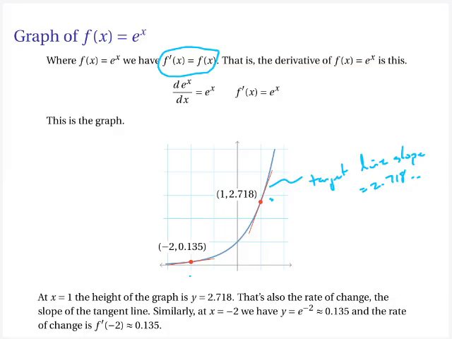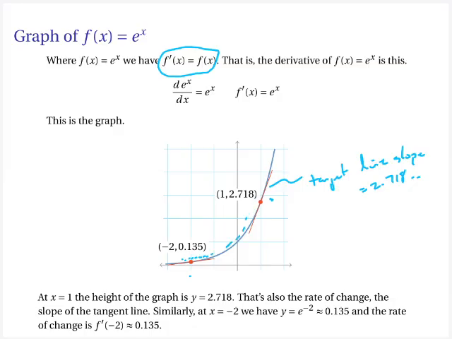So exponential functions, and e to the x is no exception, have this characteristic upward sweep where they seem to just take off suddenly. I remember driving home from work in March 2020, and they were talking on the radio about COVID, and that's what everybody was afraid of, that there would be a couple of COVID cases, and then suddenly everybody would have COVID.